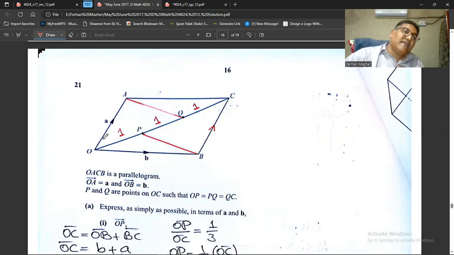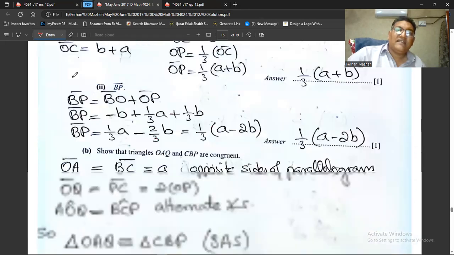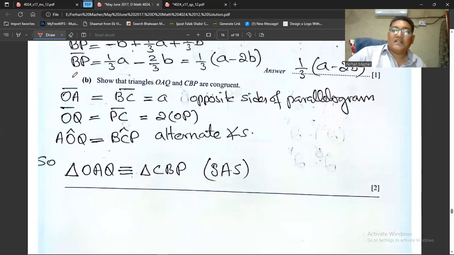And you know this angle, and you know this angle, they are alternate angles to each other. They are equal to each other. You see 2 sides and 1 angle is the same. So this will be side angle side, so we can prove very easily that these 2 triangles are congruent to each other. Okay, OA is equal to BC and they are both equal to a. These are the opposite sides of the parallelogram.